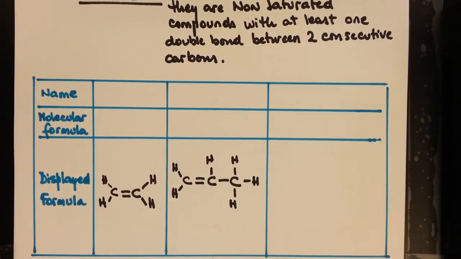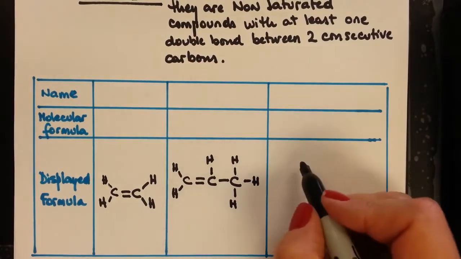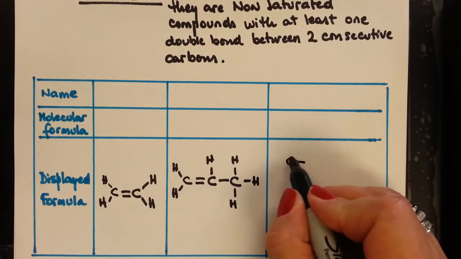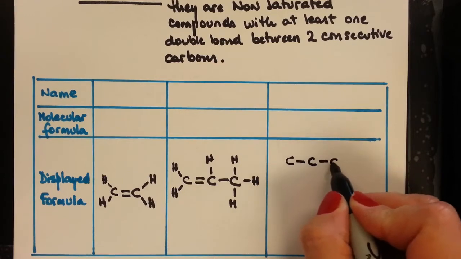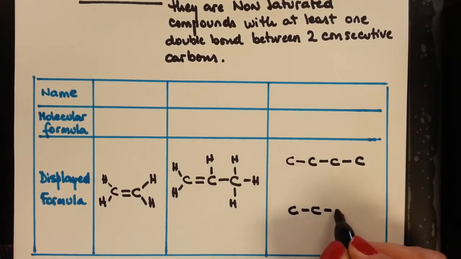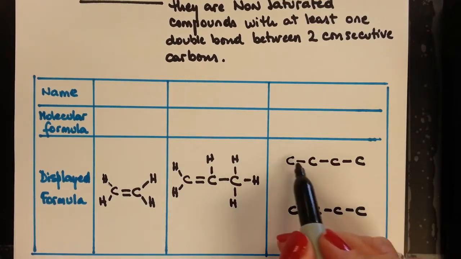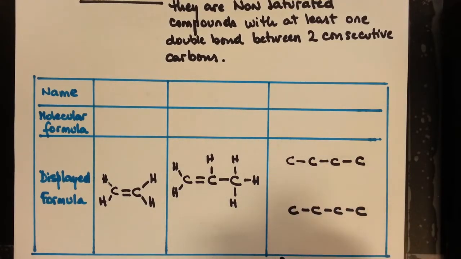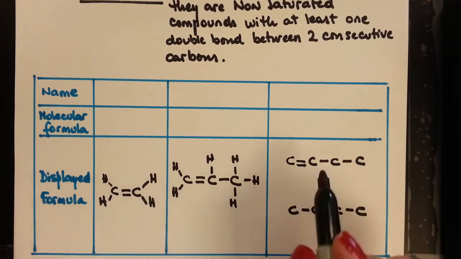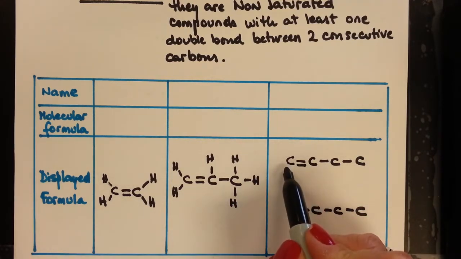The last one, we have a problem here because we can actually have two structures. One is going to be this one, 1, 2, 3, 4. The other one also 1, 2, 3, 4. But the place of the double bond is going to make a difference. Now, if I put the double bond here, this is going to be my carbon 1.